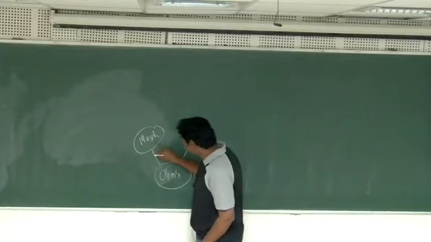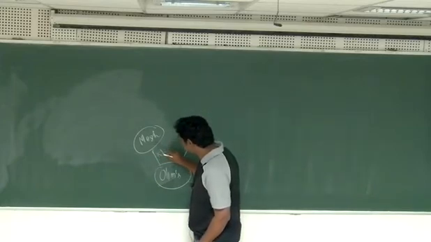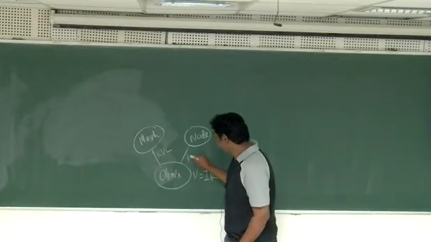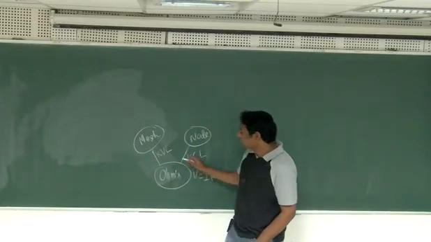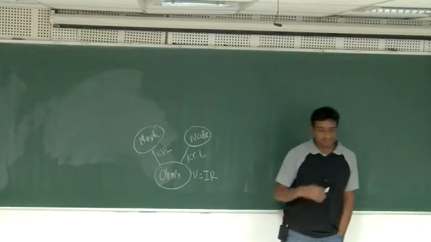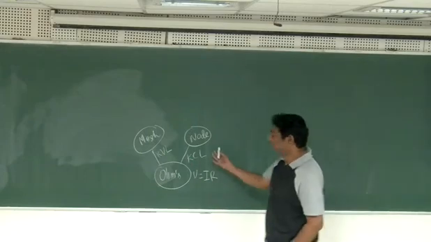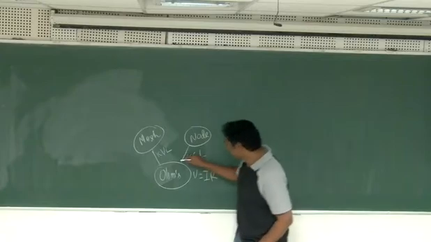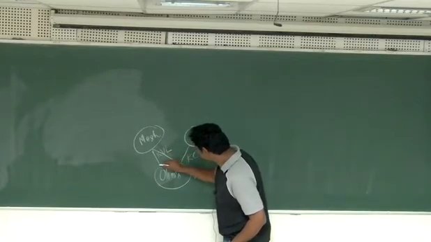Kirchhoff's voltage law is used here, isn't it? In fact, both are used in both cases. So you first use KVL, then KCL, and first use KCL, then KVL, kind of thing. These two are used for these two.